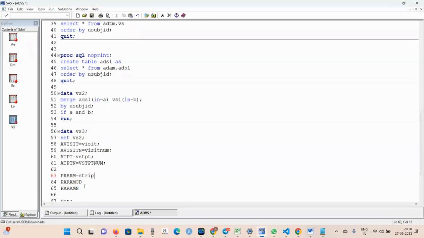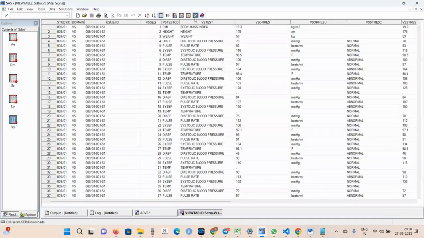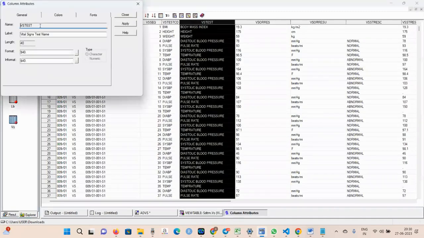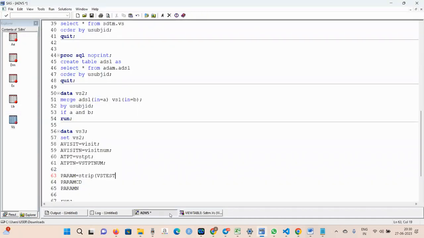So the strip off. VSTEST. Okay, so concatenate with, so there is another parenthesis, right? With strip off.